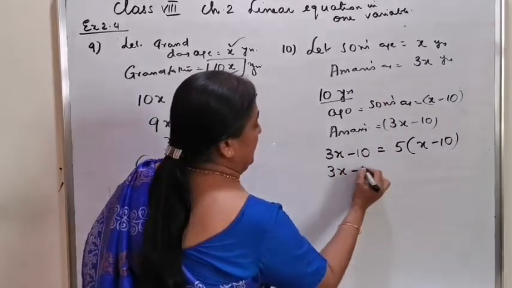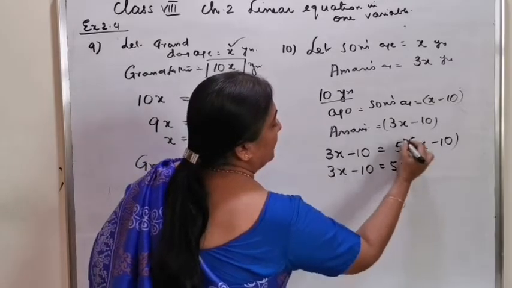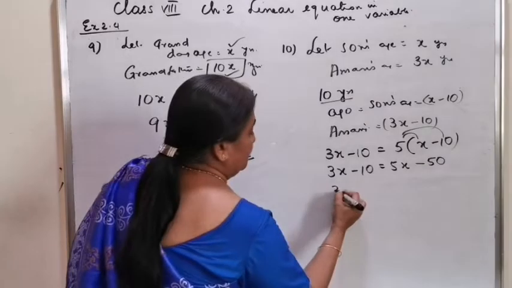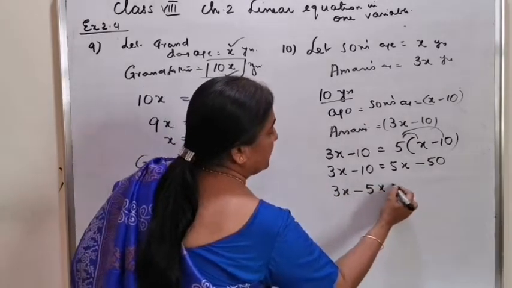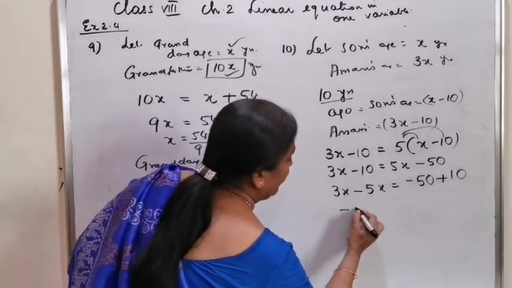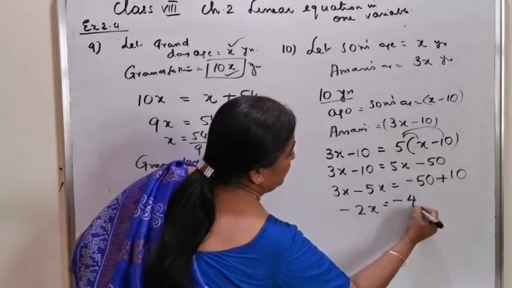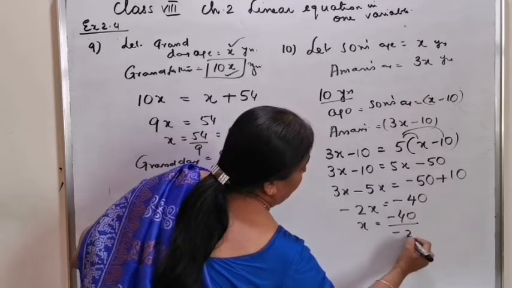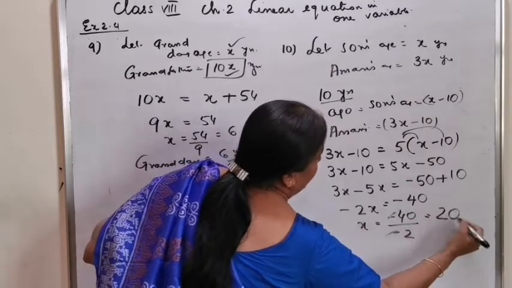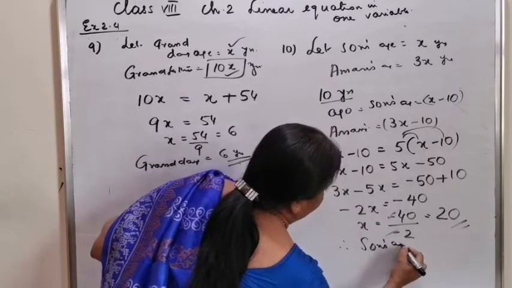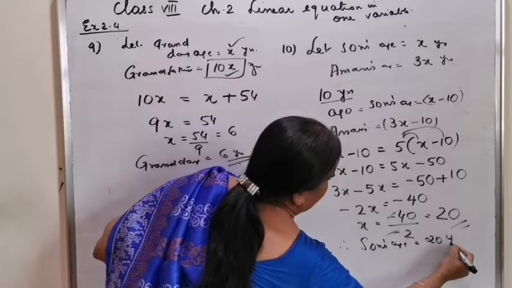So 3x minus 10 is equal to, by distributive law, 5x minus 50. 3x minus 5x is equal to minus 50 plus 10. Minus 2x is equal to minus 40. x is equal to minus 40 by minus 2, or 20. Therefore, son's age is equal to 20 years.